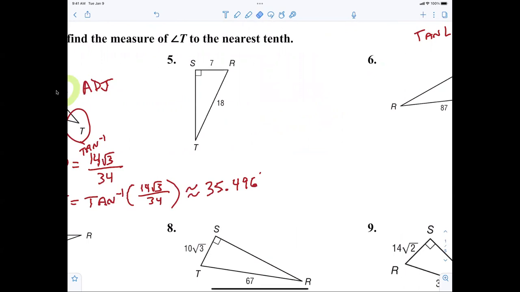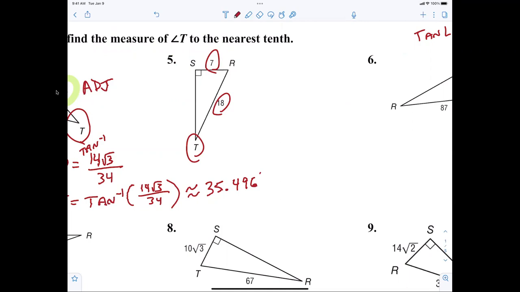All right, I like to tell my kids we're looking for angle T. So I circle that. Then I circle the other 2 known parts. What is 7 and what is 18? Opposite and hypotenuse. Which one is opposite and hypotenuse? Sine.